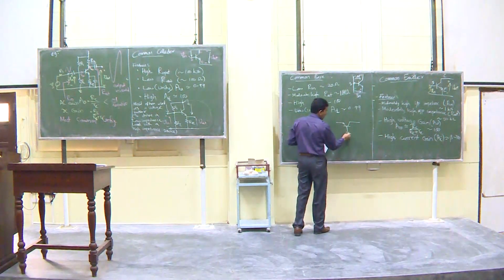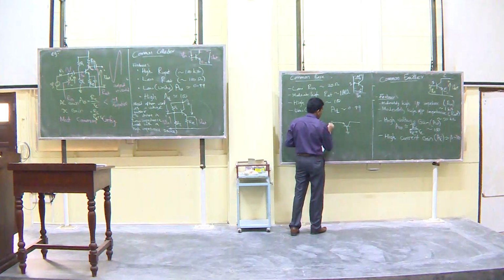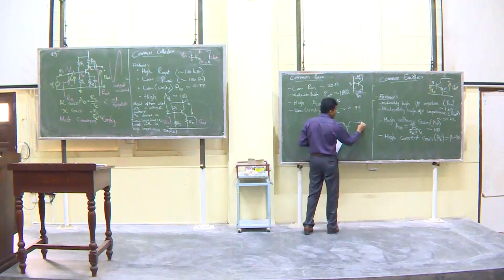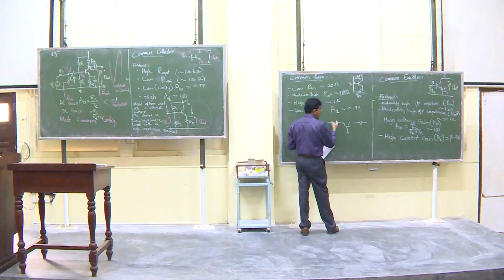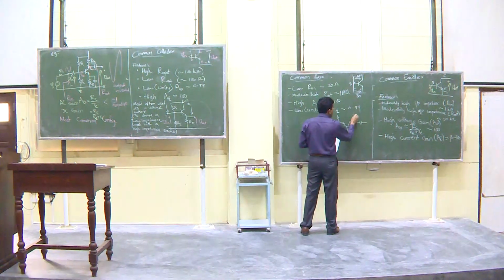So you have the common base and you input the signal from the emitter and take the output from the collector, but this needs to be properly biased. This is plus VCC, this is minus VEE.